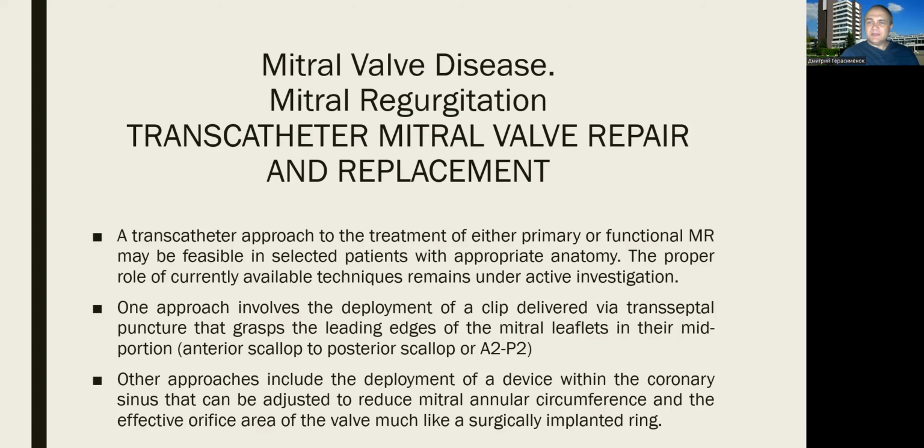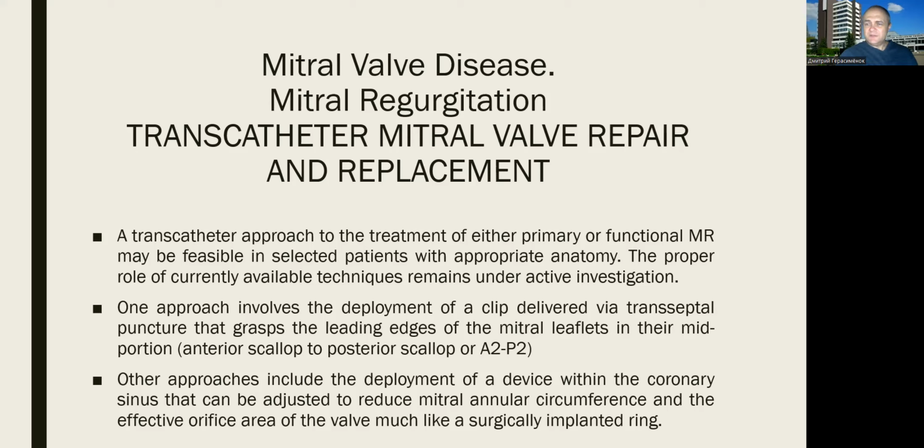And next is transcatheter mitral valve repair and replacement. A transcatheter approach to the treatment of either primary or functional mitral regurgitation may be feasible in selected patients with appropriate anatomy. The proper role of currently available techniques remains under active investigation.